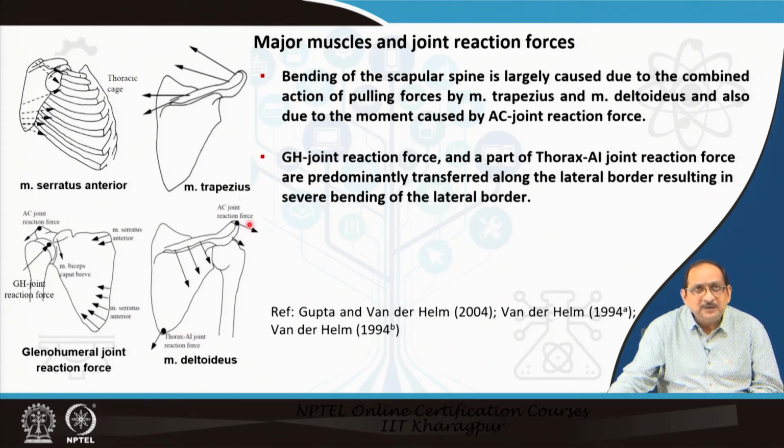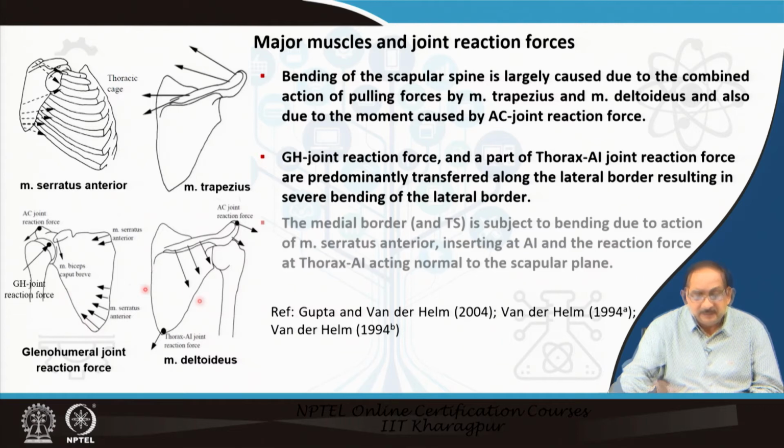The glenohumeral joint reaction force and a part of the thorax AI joint reaction force are predominantly transferred along the lateral border, resulting in severe bending of the lateral border as shown in the figure. The medial border and the trigonum spinae are subject to the bending action of muscle serratus anterior, inserting at the angulus inferior, and the reaction force at the thorax AI acting normal to the scapular plane.